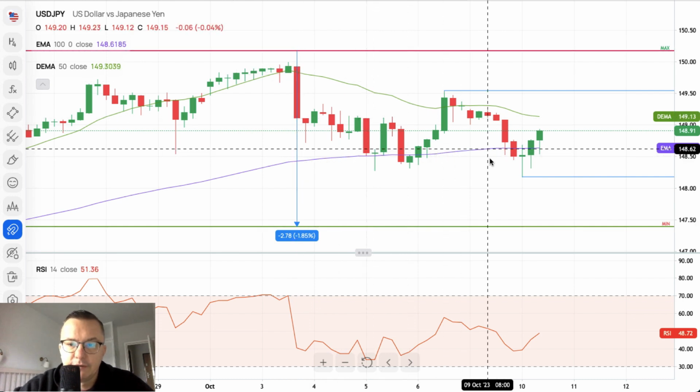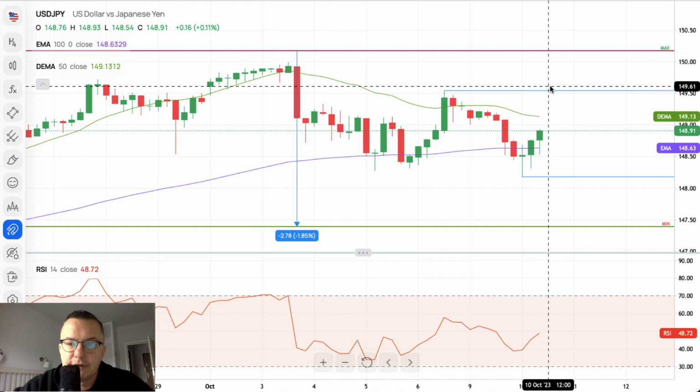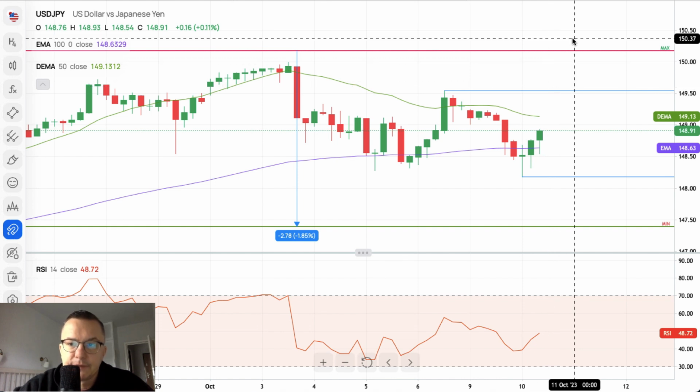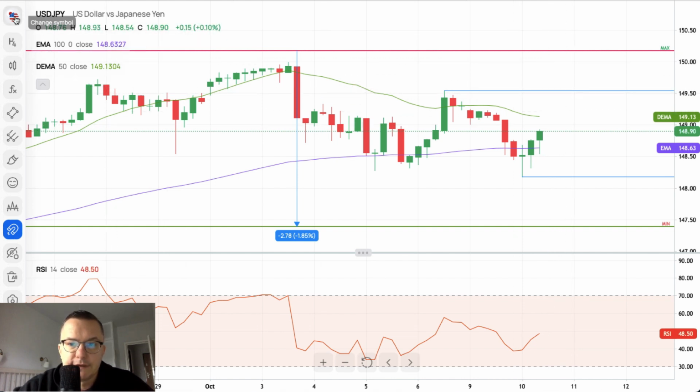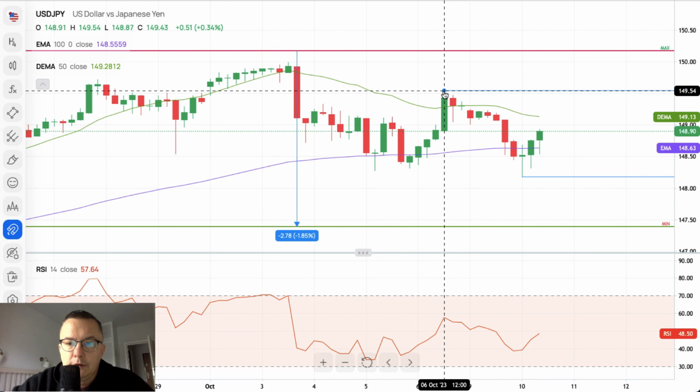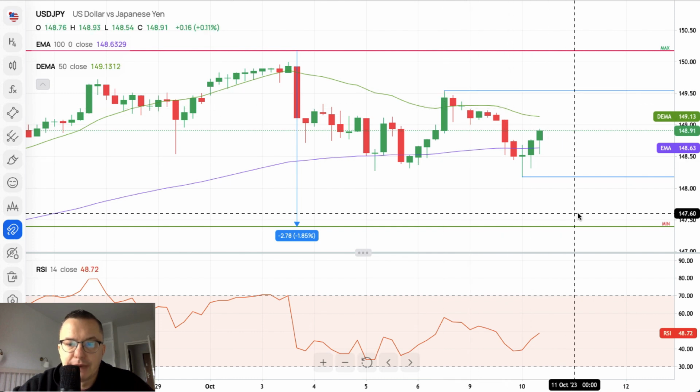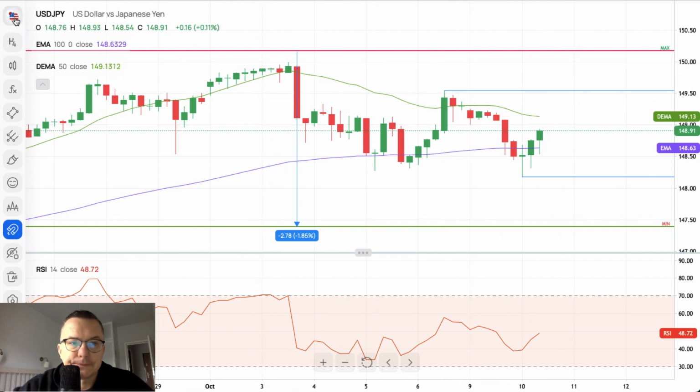Something is going on here. The bulls keep trying to move higher. Nevertheless, let's find out later if the level of 149.54 is a nice technical resistance strong enough to push the prices back lower again. So that's the US dollar to Japanese yen.